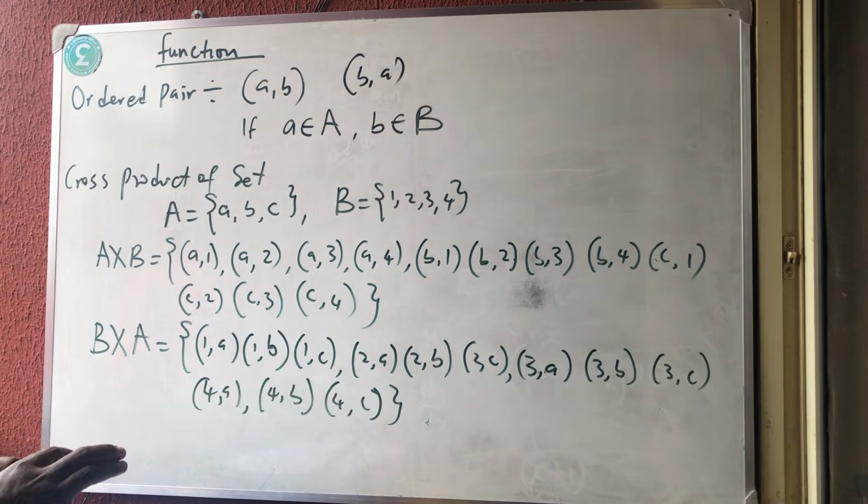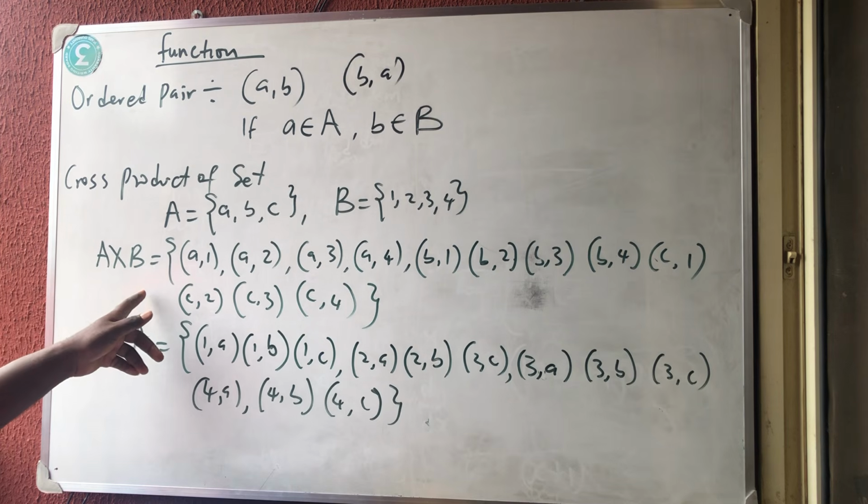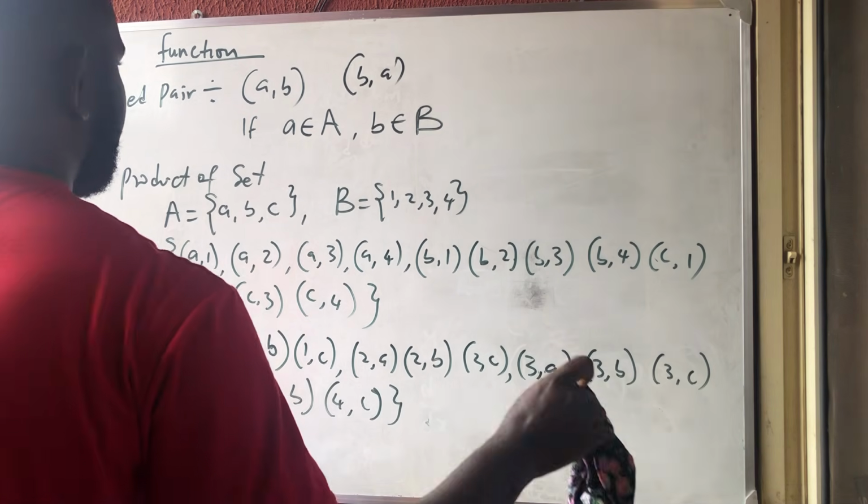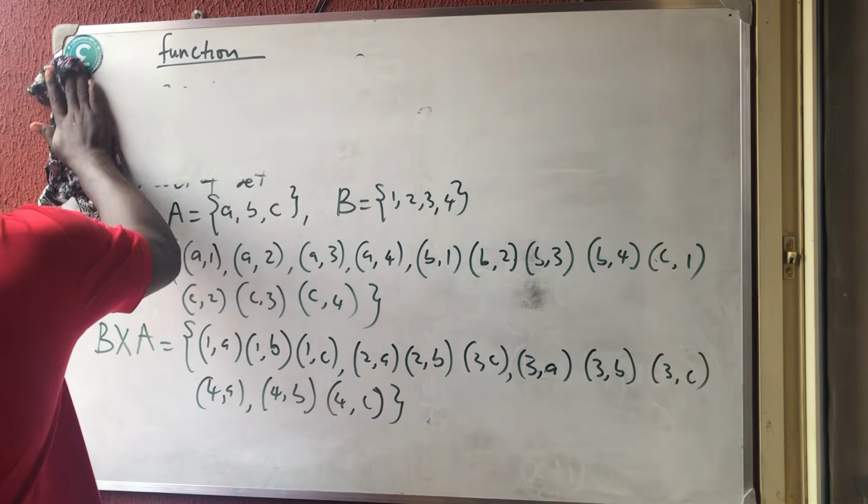Anywhere in sets they say find A cross B, this is how you take the ordered pairs.